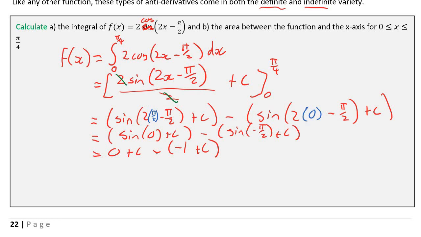What do I do with that minus in front of the bracket? You take the second bit. Well, I've got to distribute that minus into the bracket because it's essentially -1 in front. So that would be 0 plus c plus 1 minus c. And the c's cancel. 1.